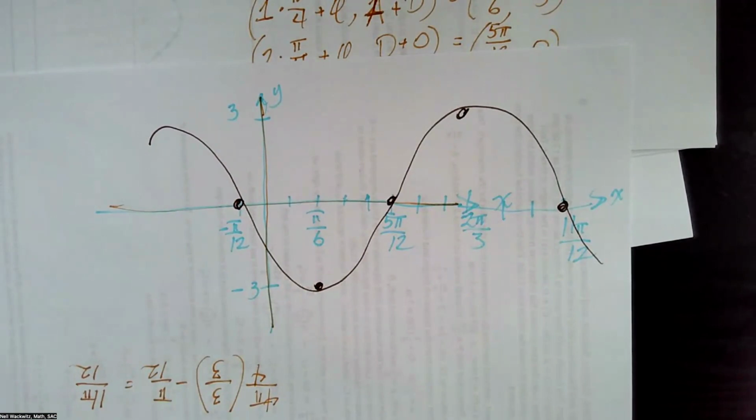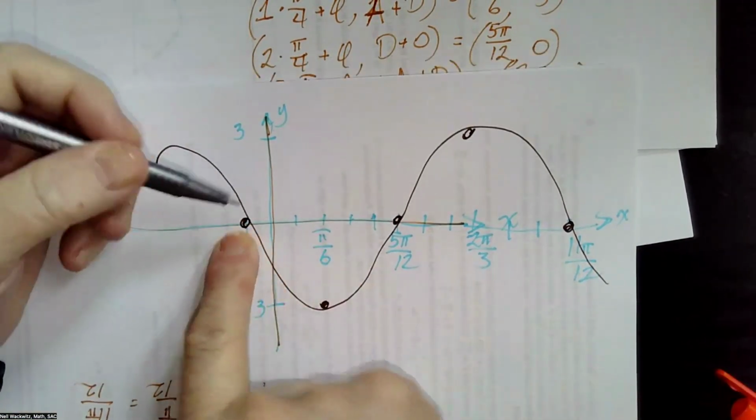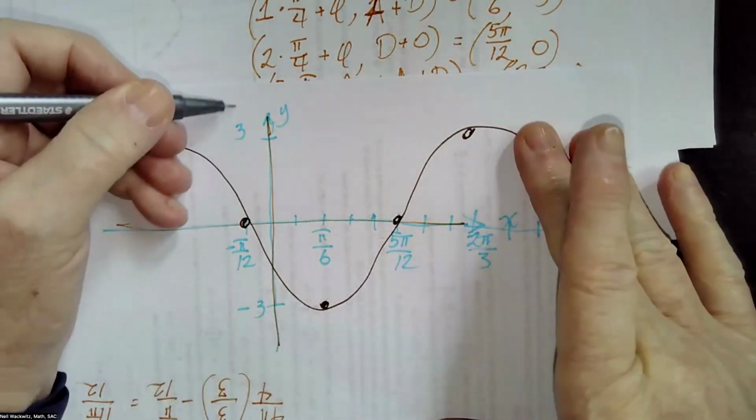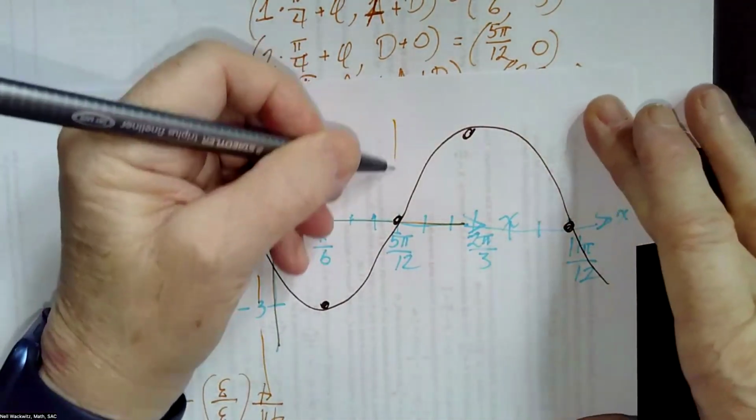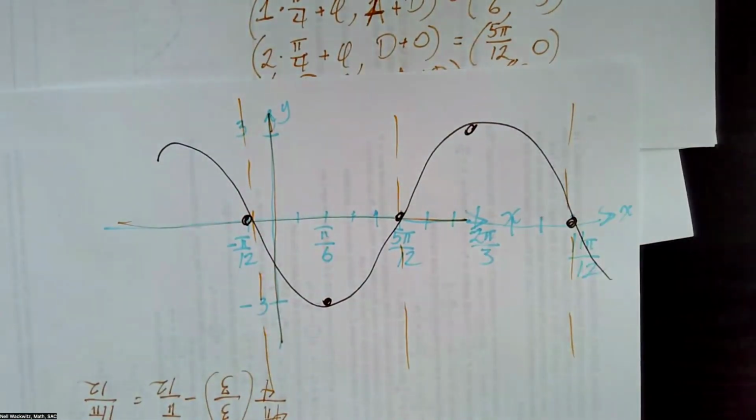But again, I hear you saying, no, we were trying to graph cosecant, not sine. Well, we've done all of the hard work. Every single place that sine is 0 will have a vertical asymptote.